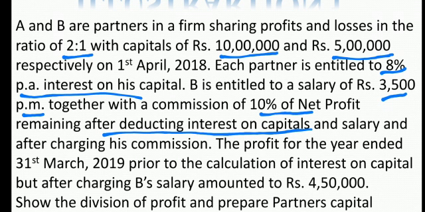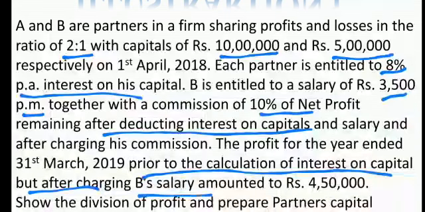The profit for the year ended 31st March 2019 prior to the calculation of interest on capital but after charging B's salary. Please carefully note that from this profit B's salary has already been deducted. Were we supposed to deduct the salary? You know that it is not possible.